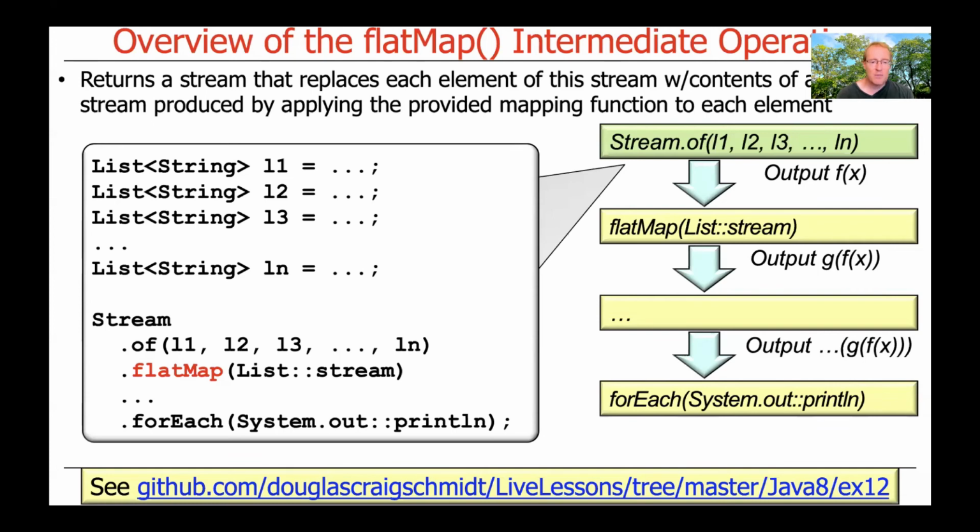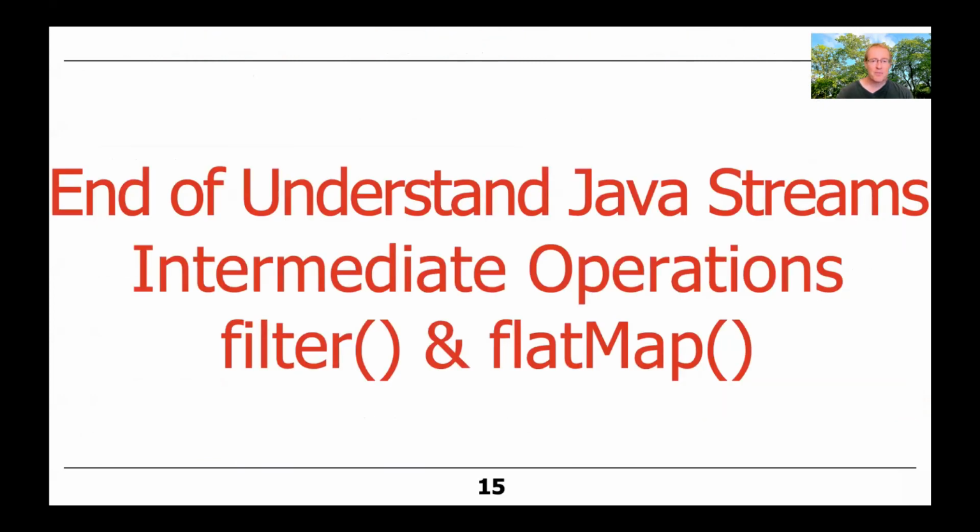So we say Stream.of L1, L2, L3, et cetera, up to Ln. And then we flatMap those lists, and we end up with just a stream of strings corresponding to the flattened names in Hamlet. So this turns out to be a very, very powerful operation, and you'll get a chance to apply it throughout the various programming assignments that work with Java streams.